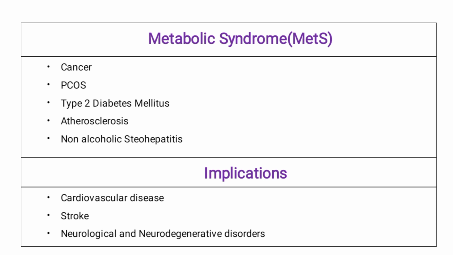Metabolic syndrome leads to diseases like cancer, PCOS (polycystic ovary syndrome), type 2 diabetes mellitus, atherosclerosis, non-alcoholic steatohepatitis. Implications: leads to cardiovascular diseases like heart attack, stroke, neurological and neurodegenerative disorders.